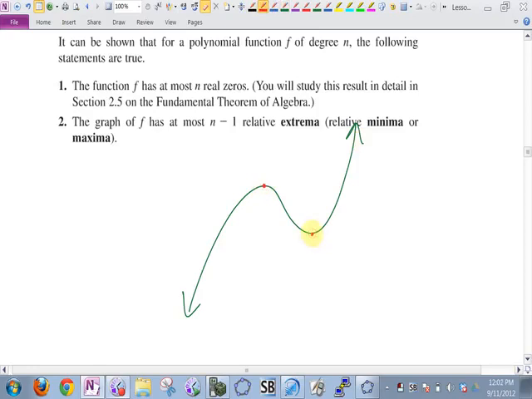Those could be called local minimum, local maximum. But what would you tell me about this graph's absolute maximum? It doesn't have one because the graph goes up to infinity. What is the absolute minimum of this graph? It does not have one.